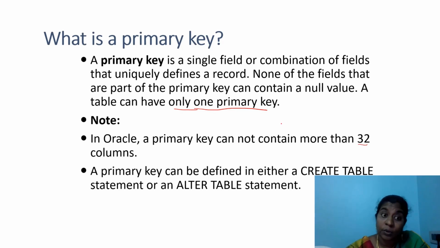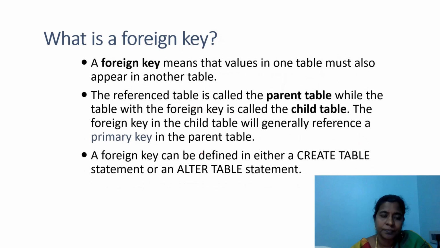That means you can use composite keys, combining two attributes and mentioning that as the primary key. Maximum 32 columns you can combine. A primary key can be defined either in a create table statement or using alter table also.